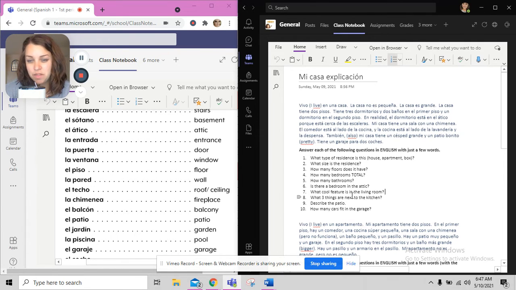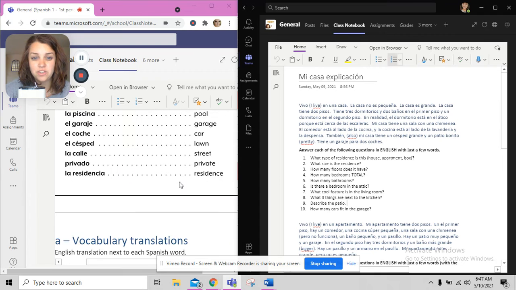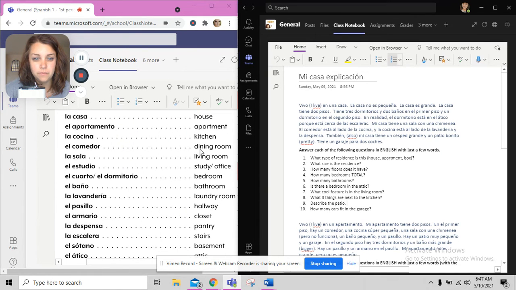Number 8 says, what 3 things are next to the kitchen? So first, we're going to go ahead and find the word kitchen. Here's the word kitchen. And cocina is the word for kitchen. So we're going to find the word cocina.